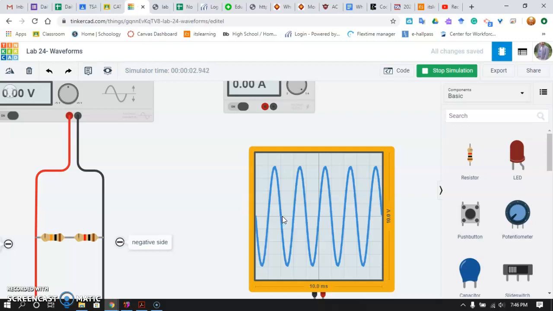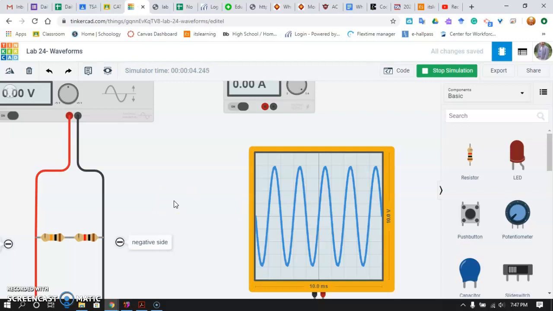That means there are 5 cycles on this screen horizontally. So we have 1, here's 2, here's 3, here's 4, and here's 5. So it's taken 10 milliseconds for 5 cycles to travel across here. You divide that and you get 2 milliseconds per cycle. And that does match with the math when you're calculating the math out.